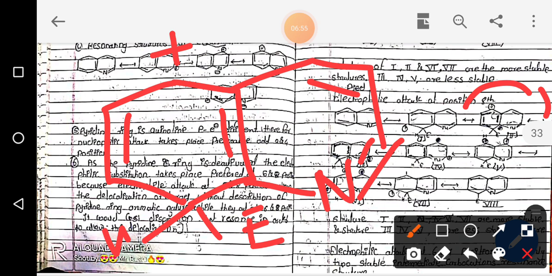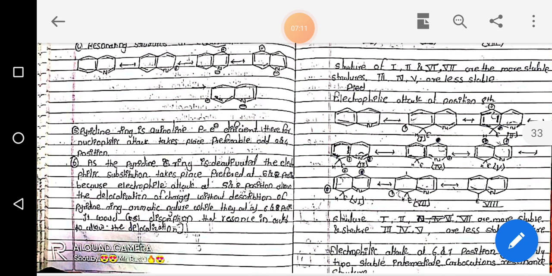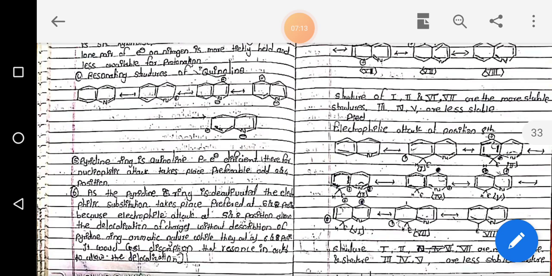Now the double bond shifted to this position, which means the plus charge will be here in the next step. So in the third step we can draw it.